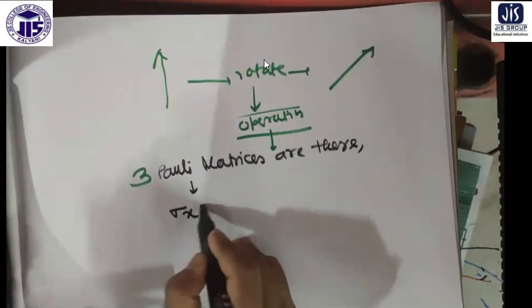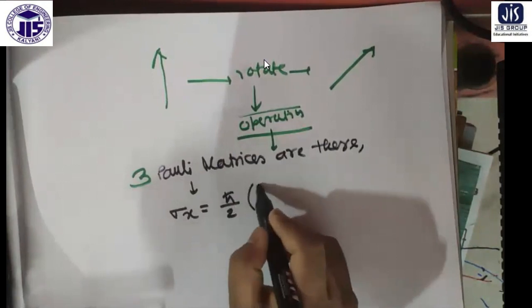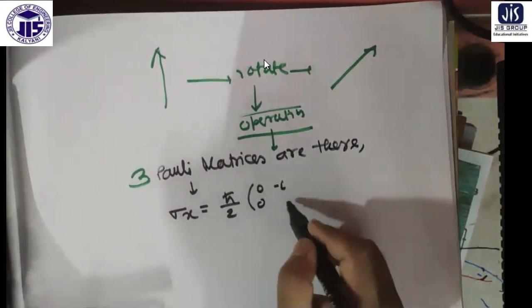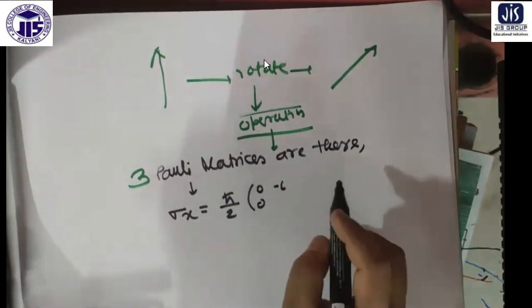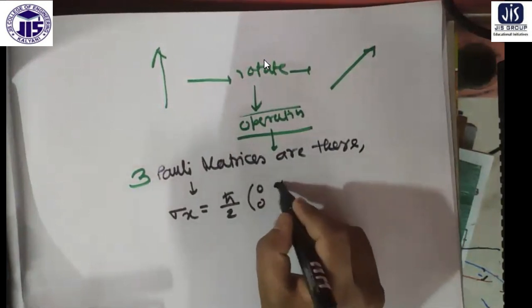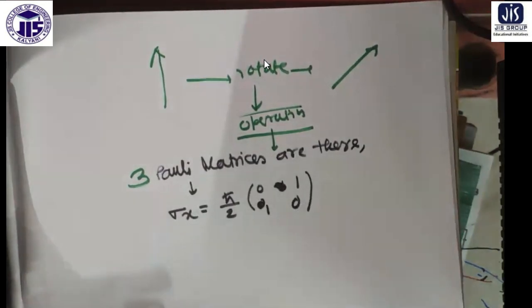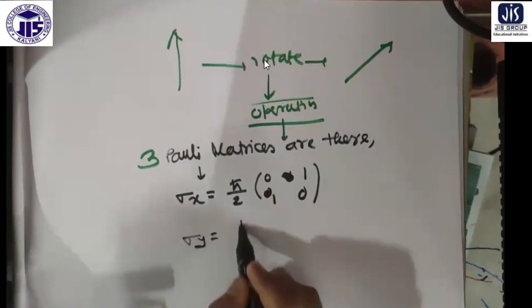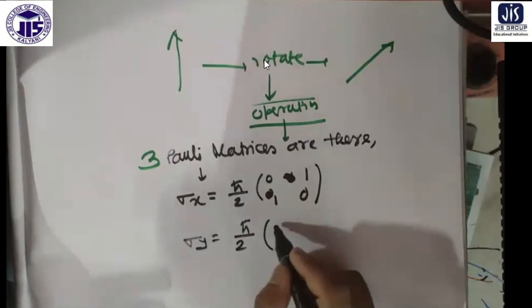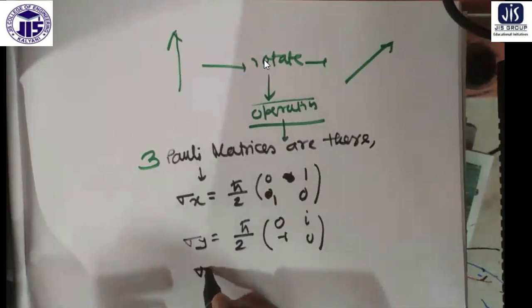One of them is sigma x, sigma y is basically this much, and sigma z.